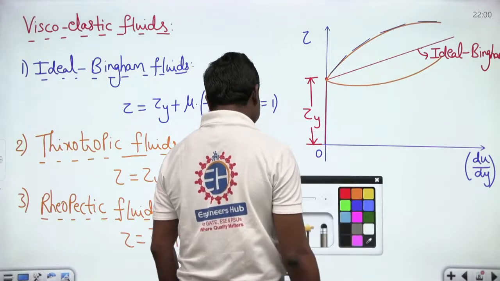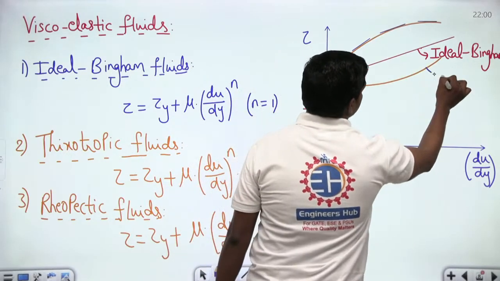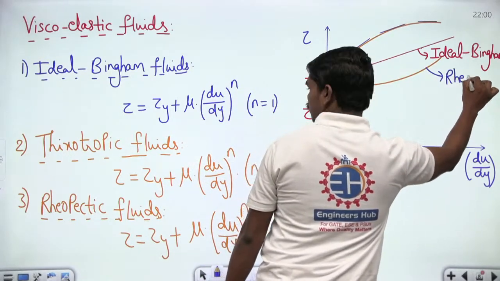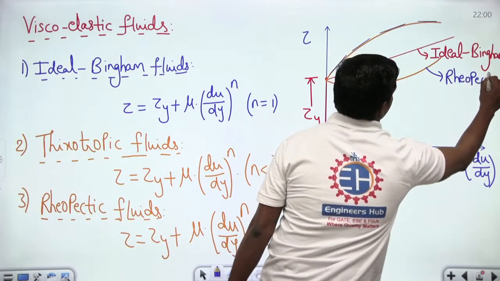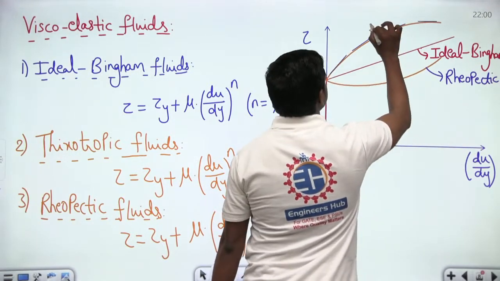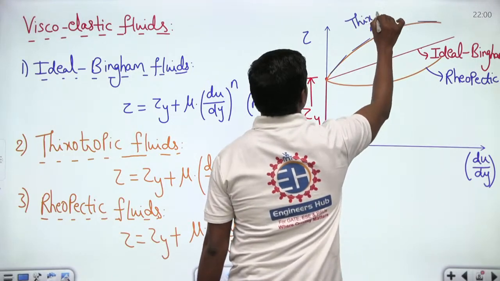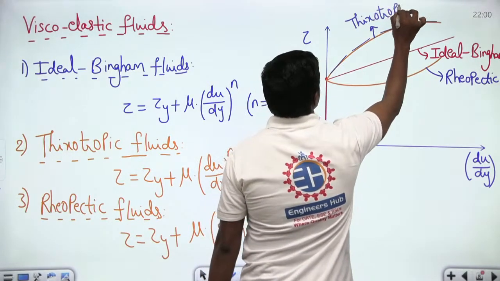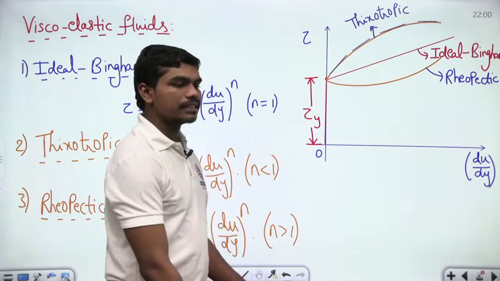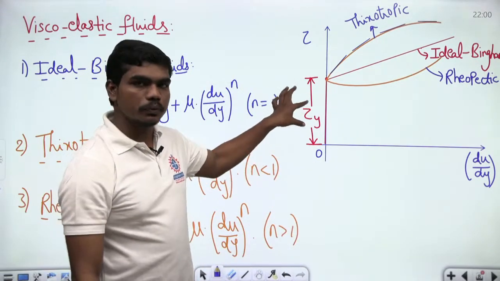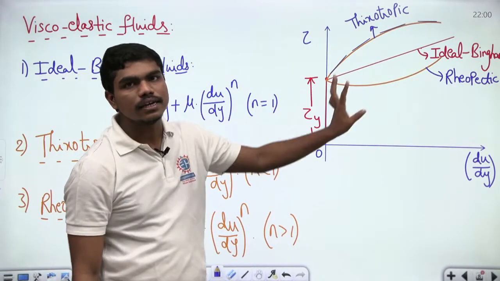And this fluid which we are writing here is eopectic, and these fluids which we are writing here are known as thixotropic fluids, correct? So these are the three types of fluids which are viscoelastic fluids, where they need certain yield stress to start the rate of shear strain.